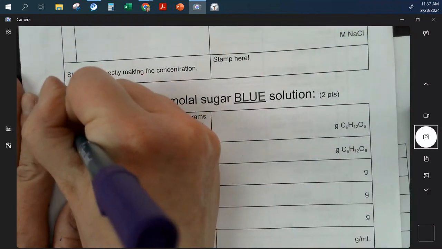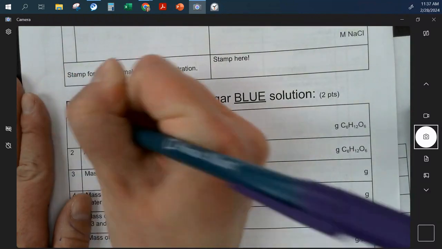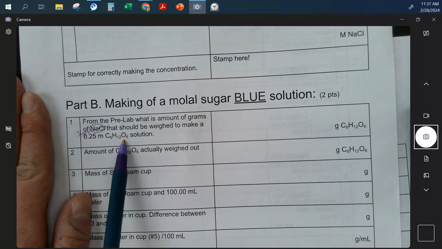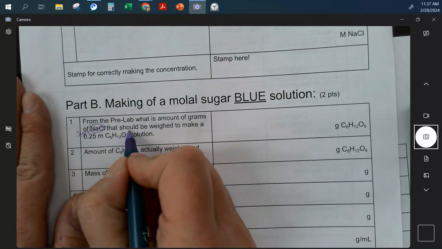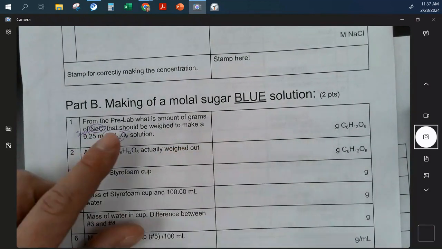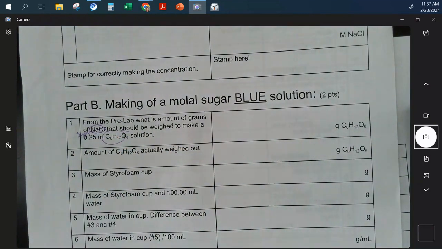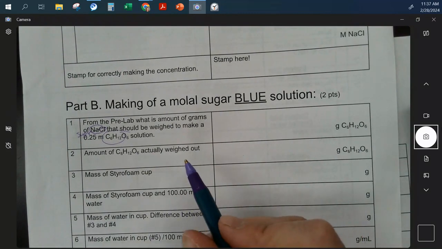Sugar. That should be weighed out to make 0.25 molar. This is also supposed to be, that's okay. You can leave that, that's fine. We're using sugar, not glucose. If you can find glucose in the lab, tell me, but otherwise I think they just say sugar the whole time. So then I got confused that I was supposed to be using glucose.